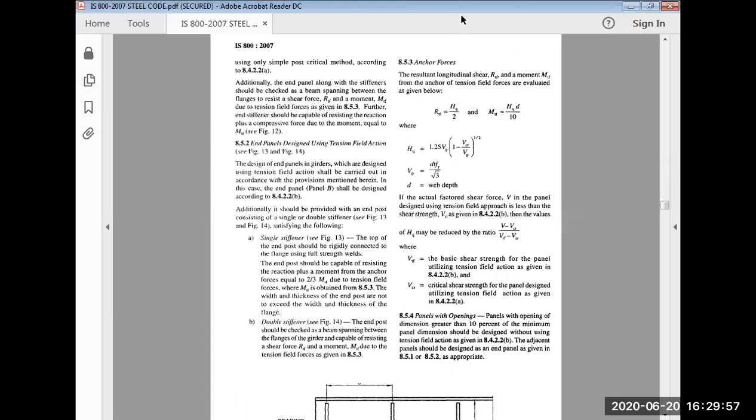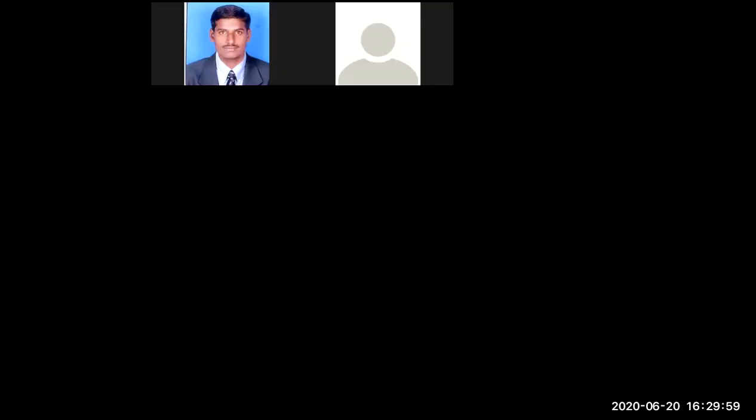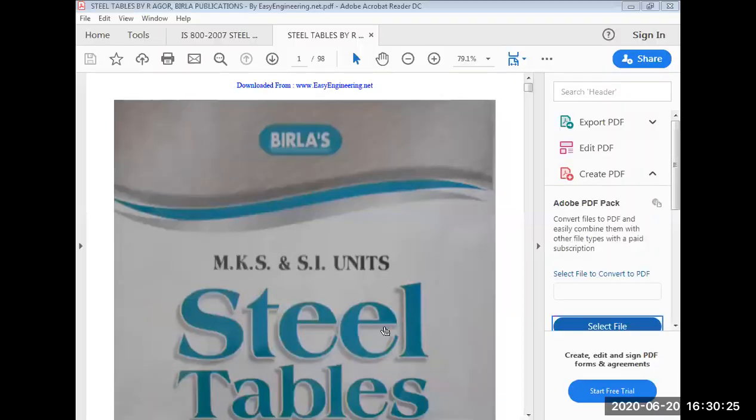The steel table. See, this is the steel table available in market.